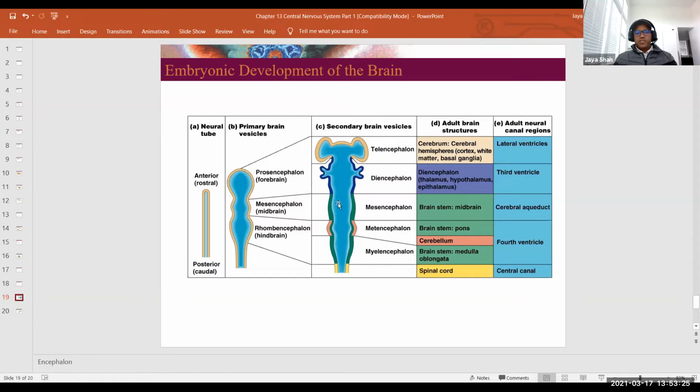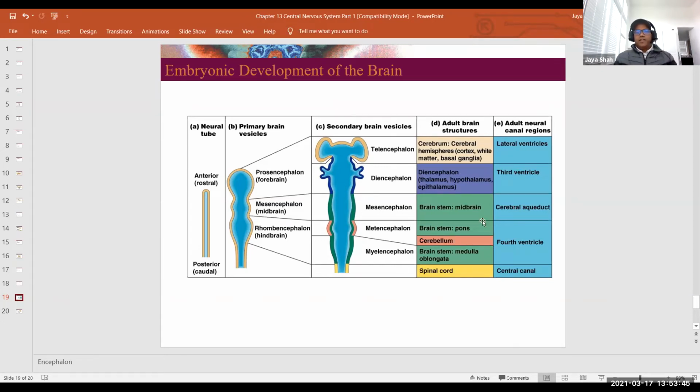At the same time, in the central part, the cavity in the telencephalon is the lateral ventricle in both hemispheres of the cerebrum. The cavity between the diencephalon from both hemispheres of the brain is called the third ventricle.